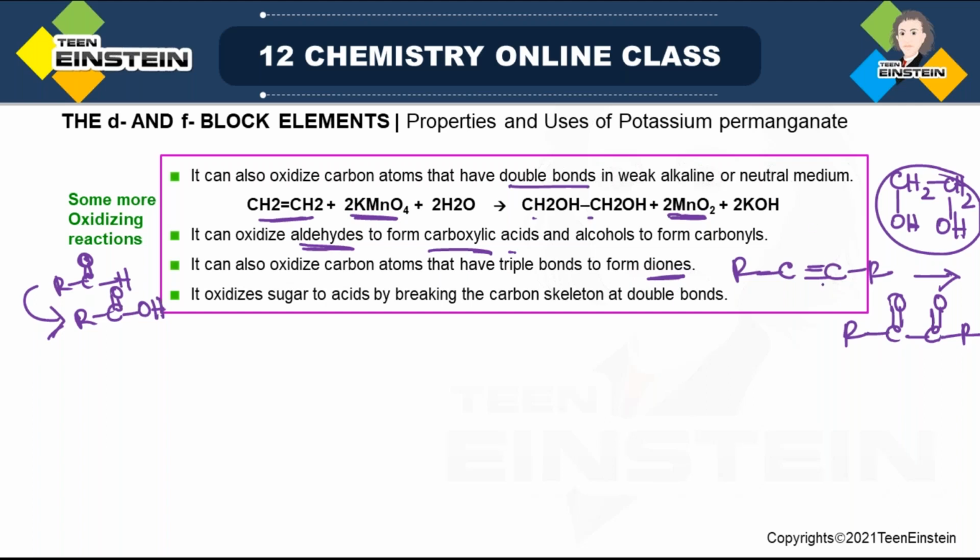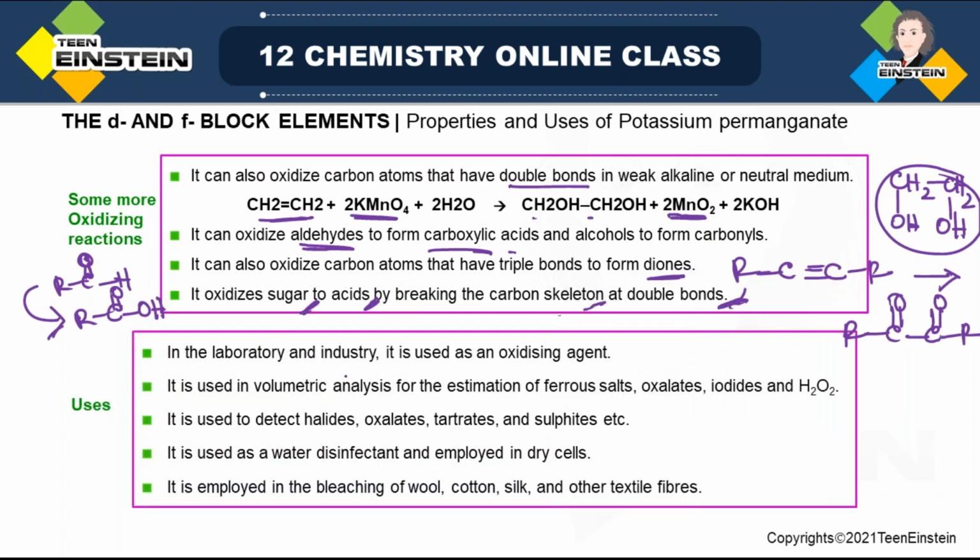So here also the C=C double bond is no longer present. It can oxidize sugar and convert it to acid by breaking the carbon skeleton at the double bond. Fine. So these are examples of organic chemistry where KMnO4 is used as an oxidizing agent.